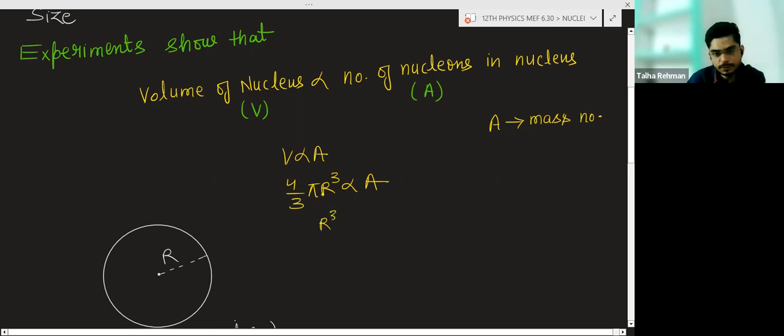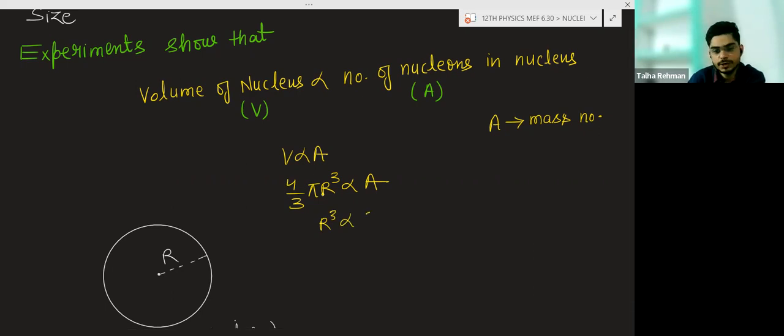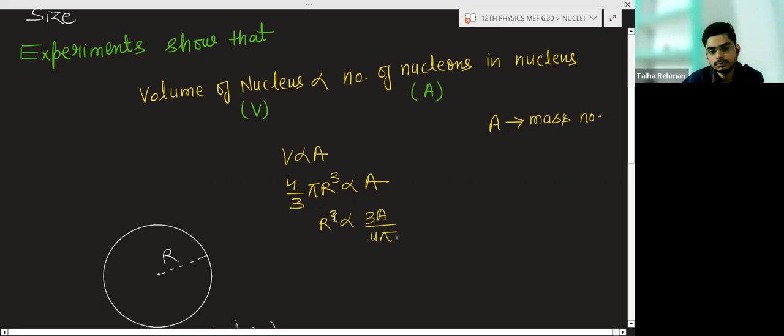So this expression can be written as r cube is directly proportional to 3A divided by 4 pi. And this mass number for a particular nucleus will be the same, and 4 pi is also constant.